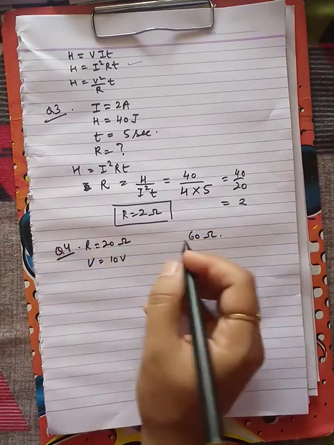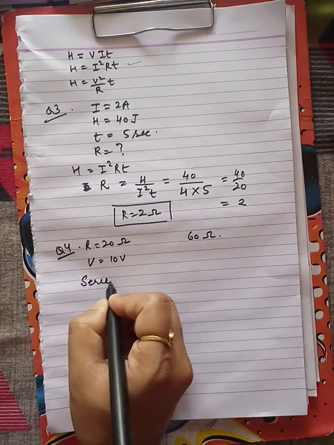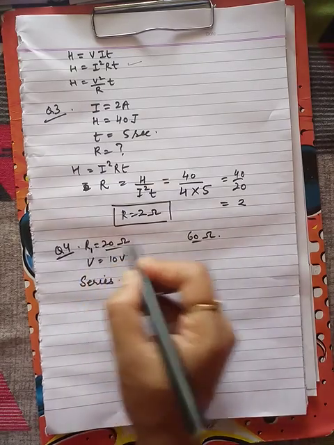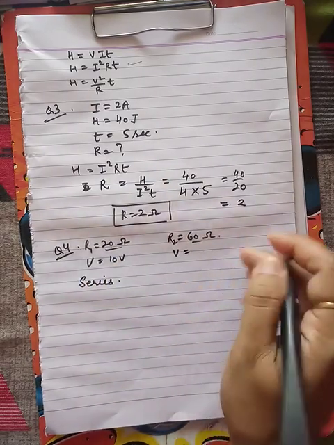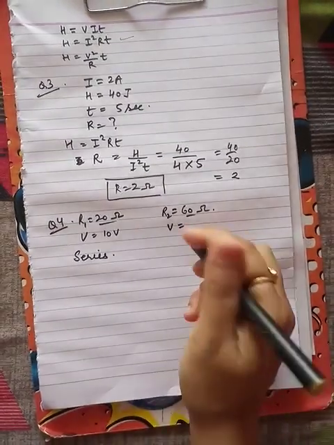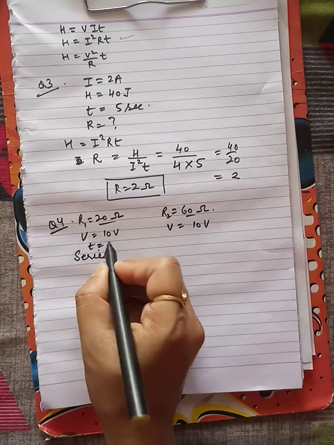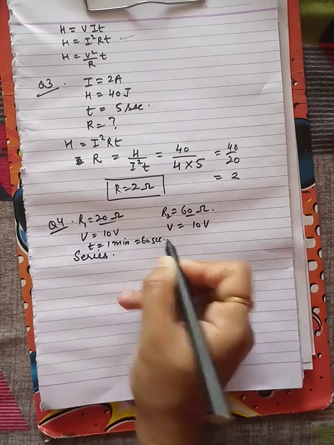So first of all I am considering series combination. If these two resistances are connected in series, so this is R1 and this is R2, and V in both the cases is 10 volt. And time is 1 minute, that is 60 second.